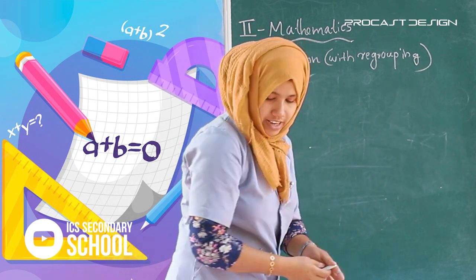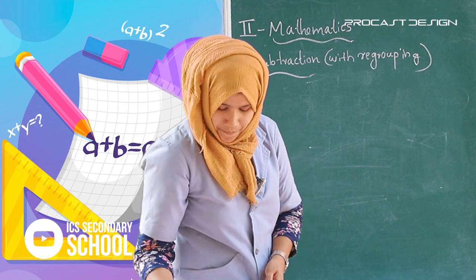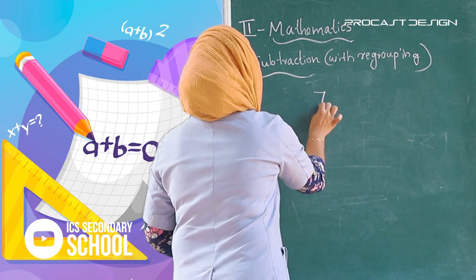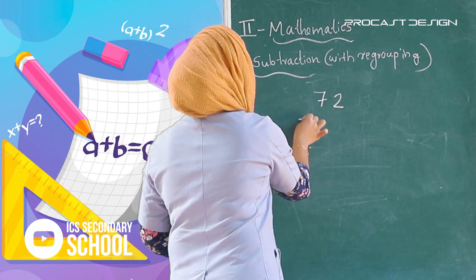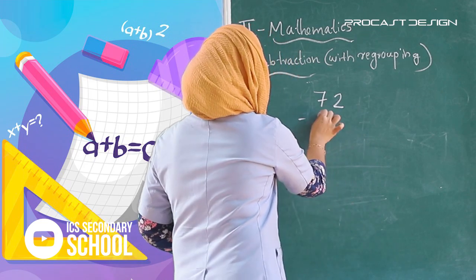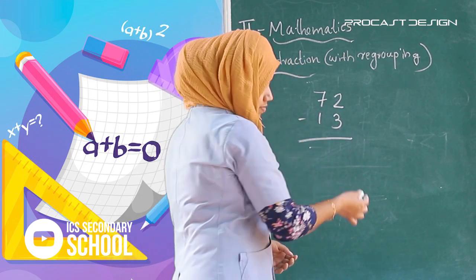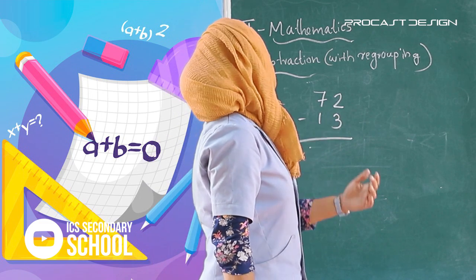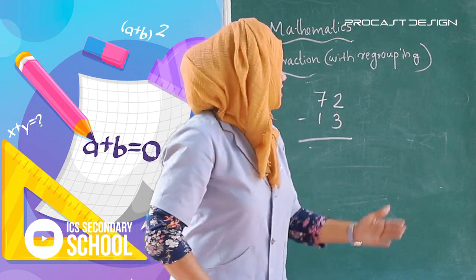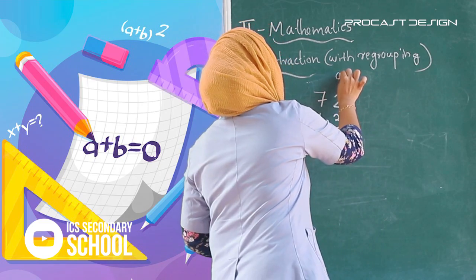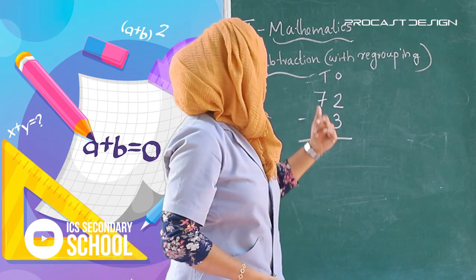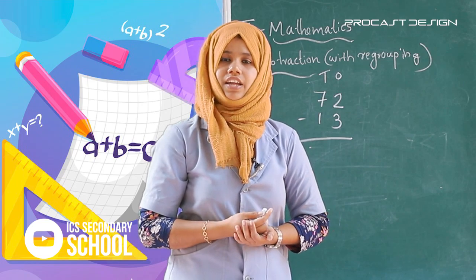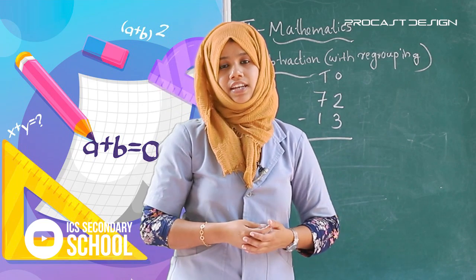We have another example. Here 72 minus 13. We cannot subtract 3 from 2. 2 is smaller than 3.